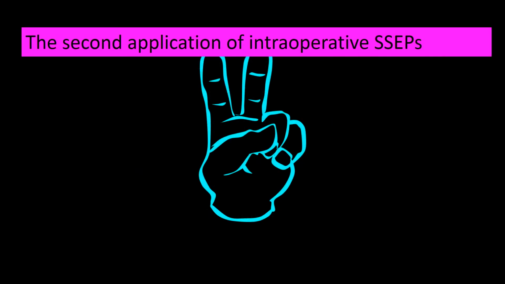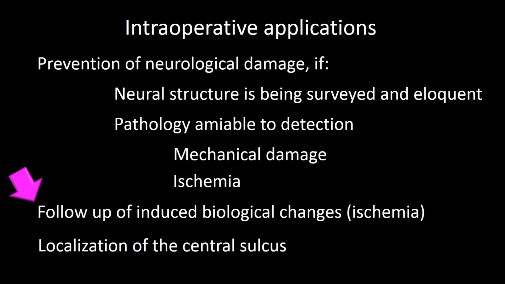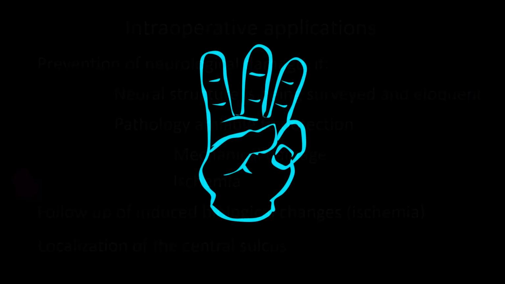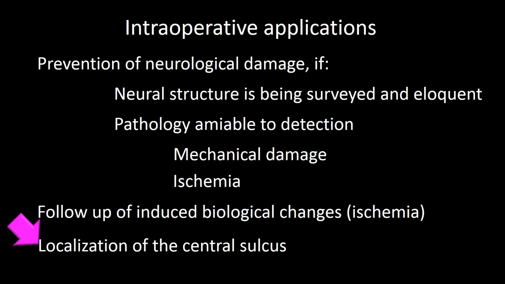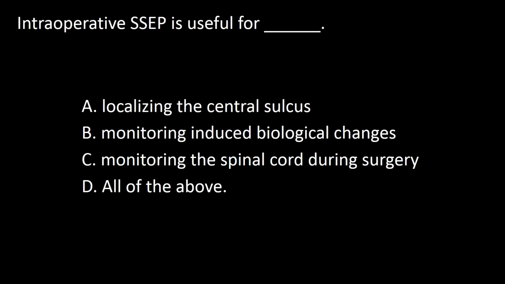The second application for intraoperative somatosensory evoked potentials is to follow up induced biological changes such as hypothermia and ischemia. And the third one is the localization of the central sulcus. So the answer to this question is D.